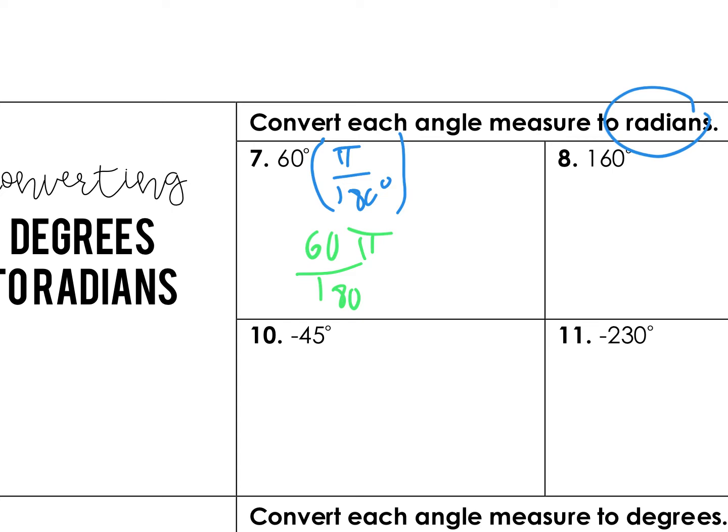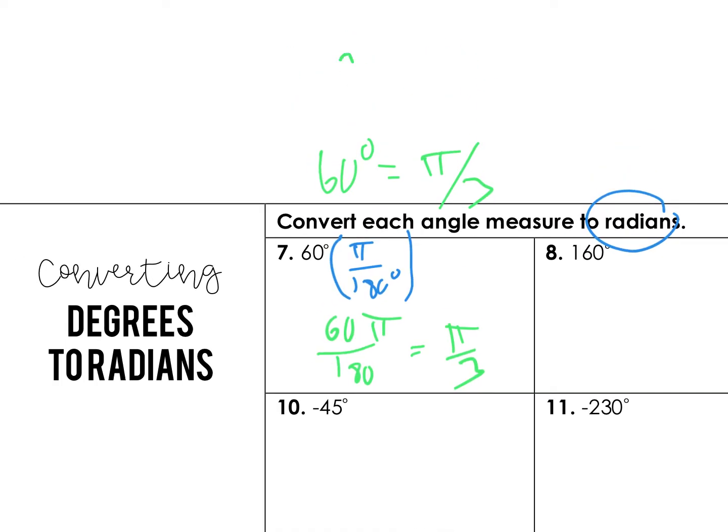What does that give you? 1 over 3, or pi over 3. Okay, I need to memorize this. That 60 degrees is pi over 3. Just like I want you to memorize 90 degrees is pi over 2, okay?